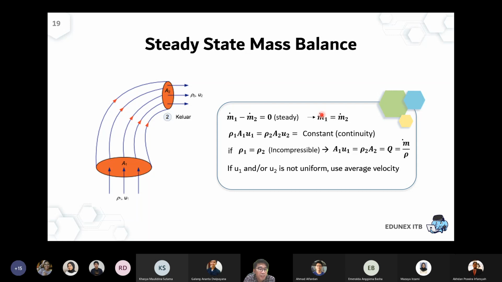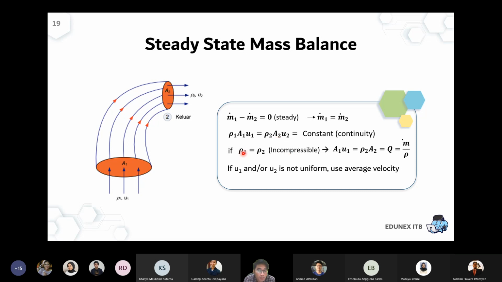So mass flow rate at point 1 will be equal to mass flow rate at point 2. But for liquid, or we can say for any incompressible fluid, the density will be equal throughout the flow. So the density at point 1 will be equal to the density at point 2.